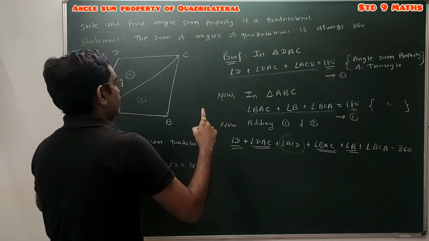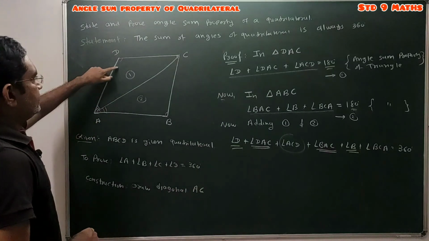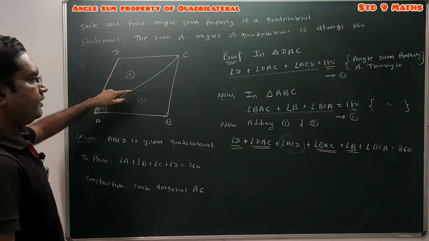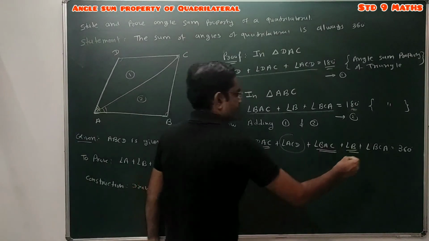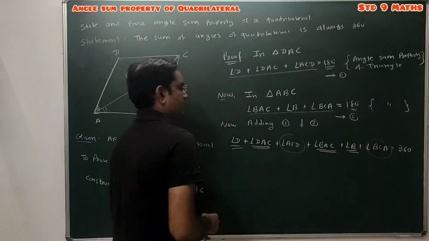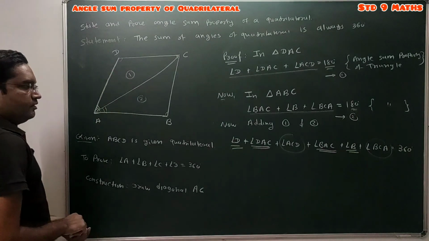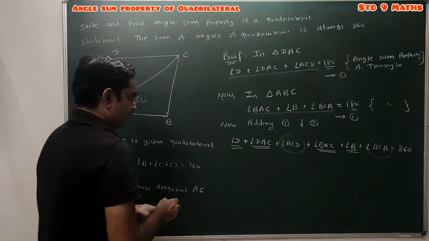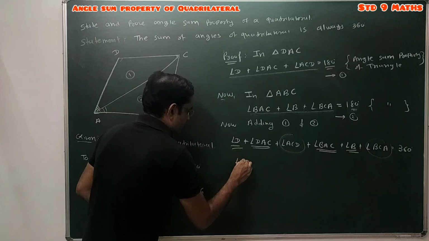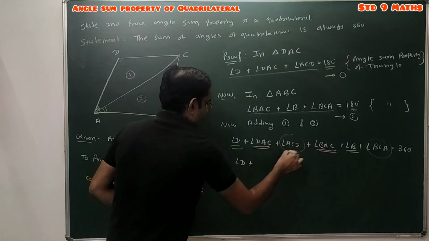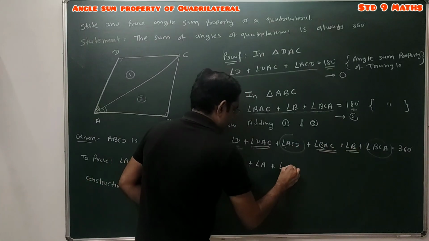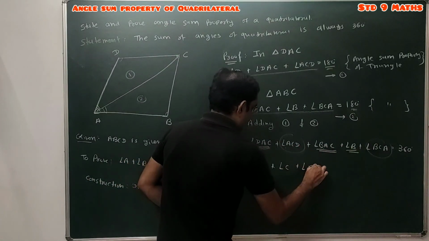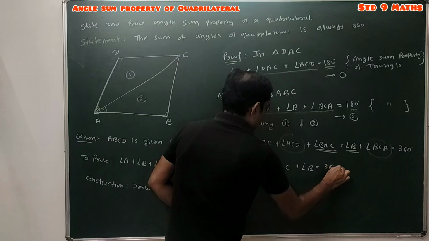angle ACD and angle BCA. ACD and BCA, so that is equal to angle C. Done. So angle D as it is, this one is angle A, plus this one is angle C, and this one is angle B, equal to 360 degree.